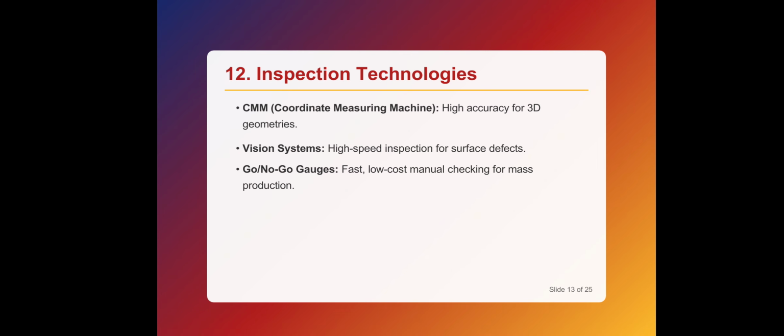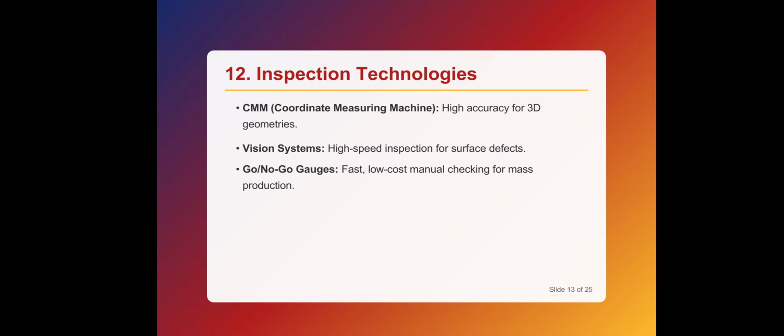The inspection technologies are, first, CMM, the coordinate measuring machine, with high accuracy for 3D geometries. Vision systems offer high-speed inspection for surface defects.